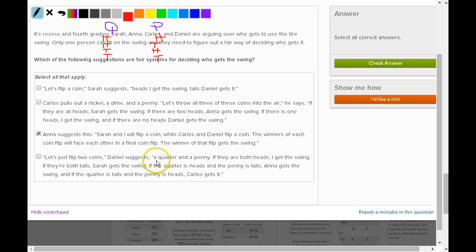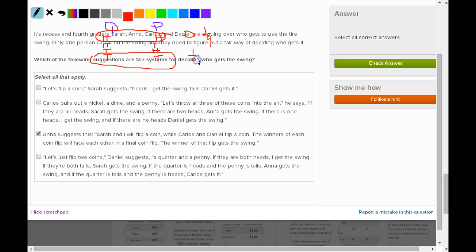In this case, if they're both heads, Daniel gets 1 of the 4. So Daniel's probability of winning is 1 of 4. Okay. Both tails, Sarah. That's 1 event, which represents 1 out of 4 in the set.